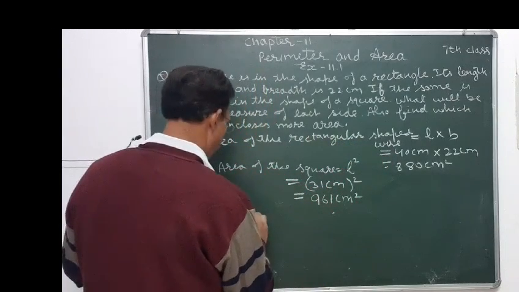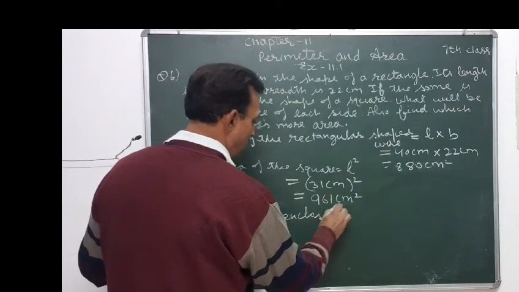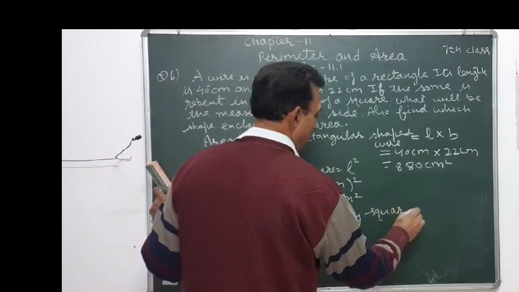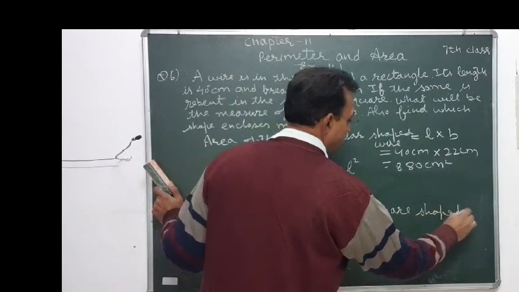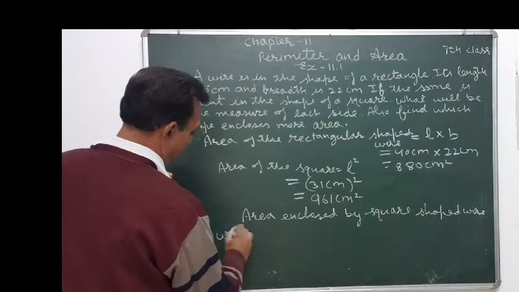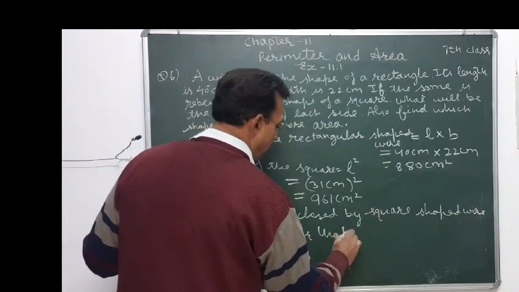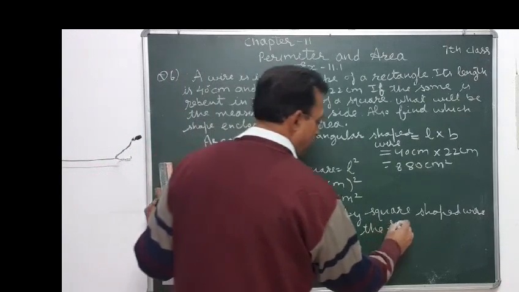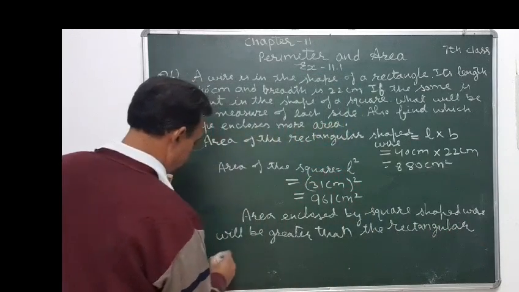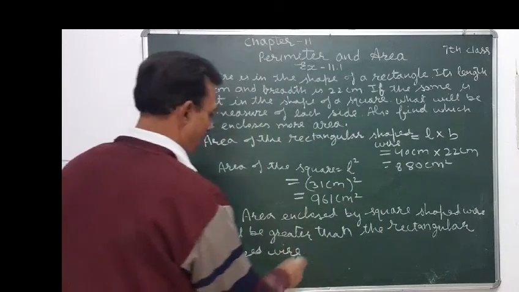So area enclosed by square shaped wire will be greater than the rectangular shaped wire. And this is the answer.